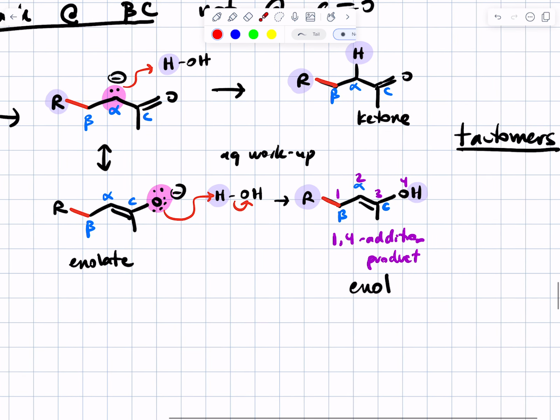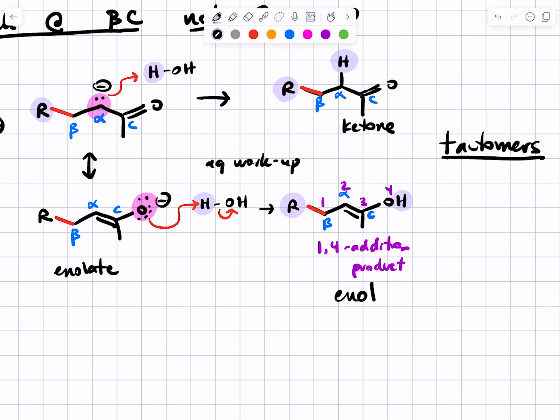Now, it turns out that the enol forms fastest. It's faster to protonate on the oxygen, but the ketone is more stable for reasons that we'll talk about maybe another time. So what happens is we protonate on the oxygen first, and then over time we equilibrate from the enol to the ketone.